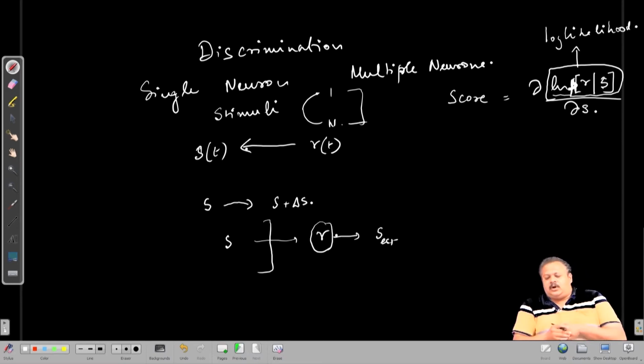That is, what is the likelihood of the response being some R given a stimulus, logarithm of that, and how sensitive is that likelihood to changes in S or the stimulus.